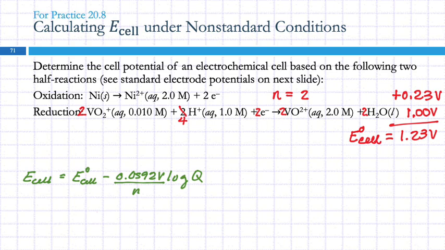So I've got nickel. This is solid. So that's the left side of this one, and then I've got 2 VO2 plus and 4 hydrogen ions.